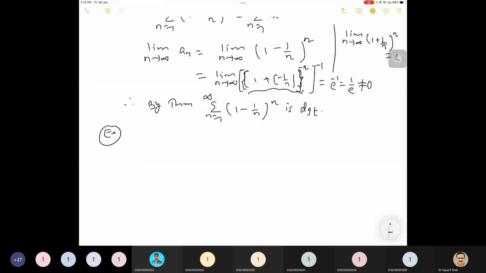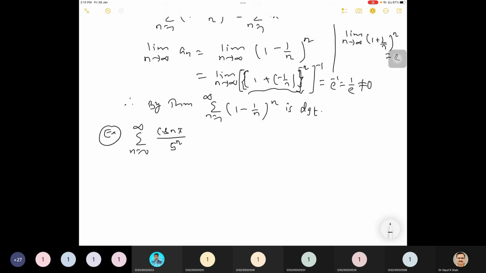Okay, in geometric also there is one example I would like to have. Sum n equal to 0 to infinity cos n pi upon 5 power n.